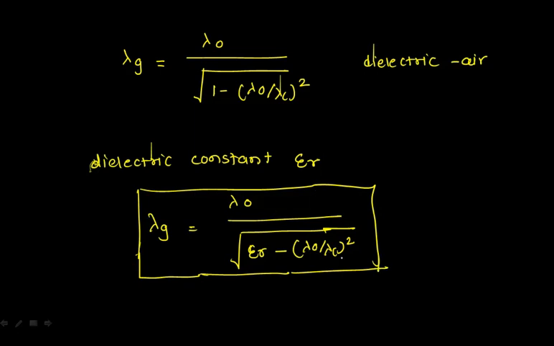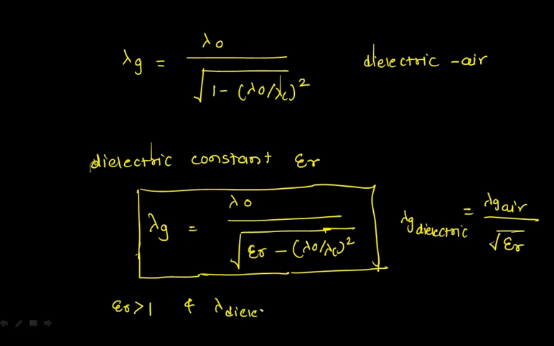Or how do you calculate this lambda g dielectric? This lambda g dielectric will be lambda g of air divided by square root of epsilon r. We'll solve one problem based on this and then you'll understand. Now, since your dielectric constant is greater than 1, your lambda in the dielectric is less than lambda in air.